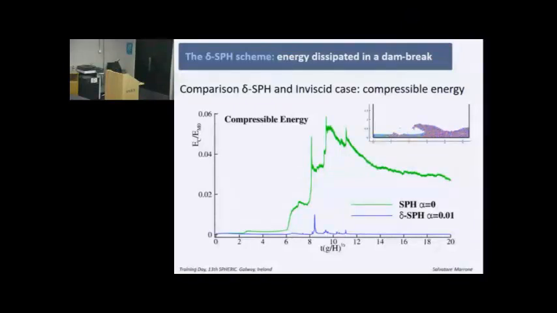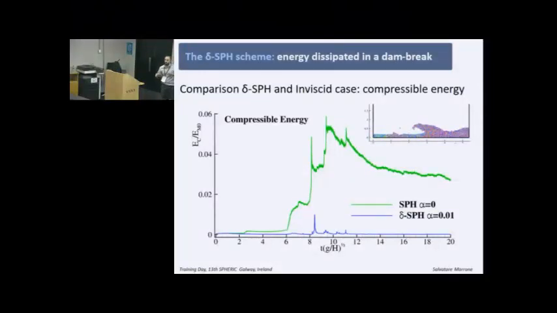with alpha equal to 0, so without any artificial viscosity, any diffusive term, our compressible energy, that is supposed to be reversible, here behaves as an irreversible energy. So all the energy that is taken from mechanical energy goes inside the compressible energy and remains there as a very high numerical noise.